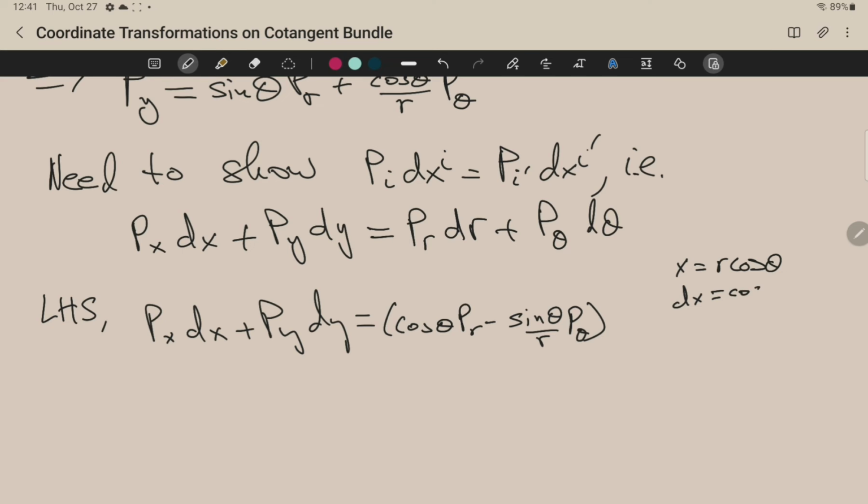So dx is equal to cosine theta dr minus r sine theta d theta.